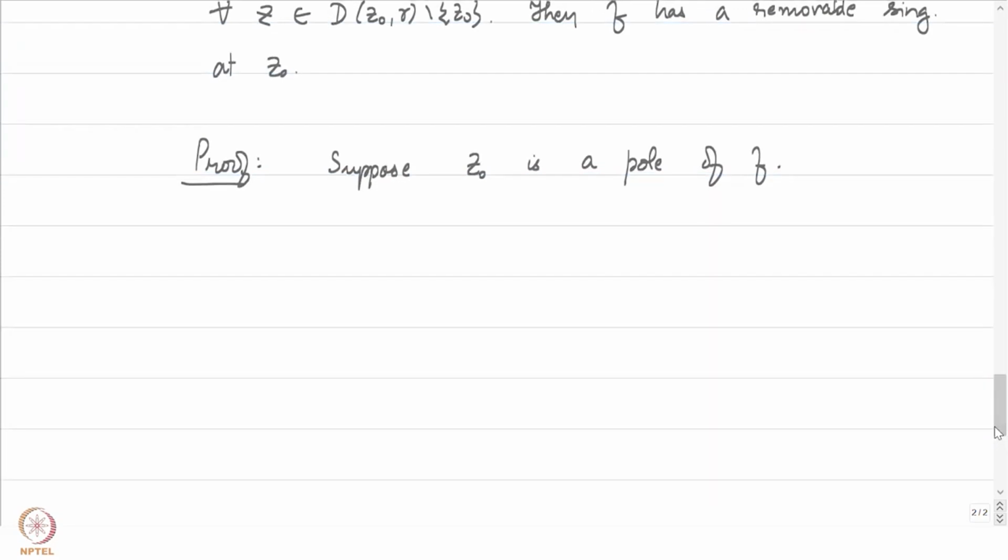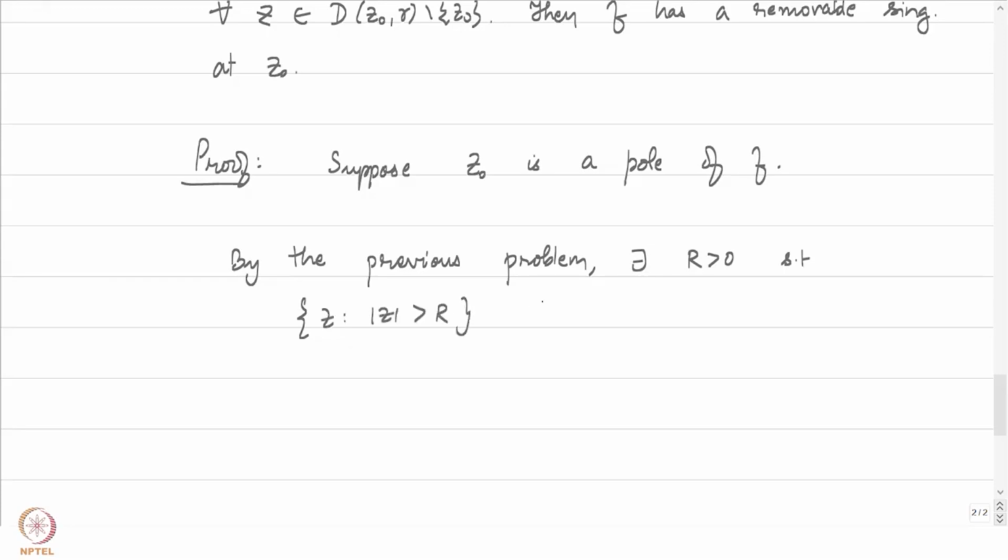So by the previous problem, if z0 is a pole, there exists some capital R greater than 0 such that the set of all z with mod z greater than R is contained in f of D(z0, r) minus {z0}. This is something which we have ensured.